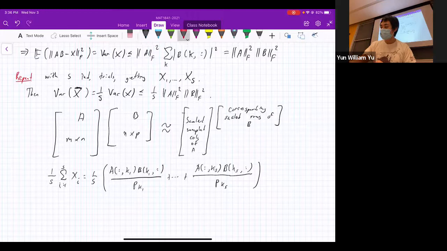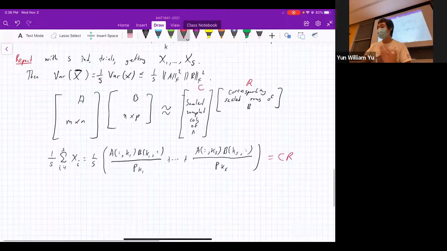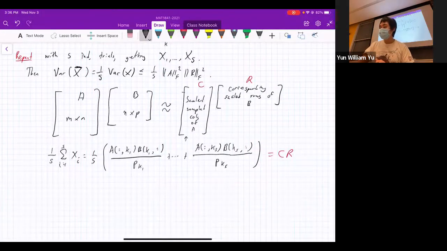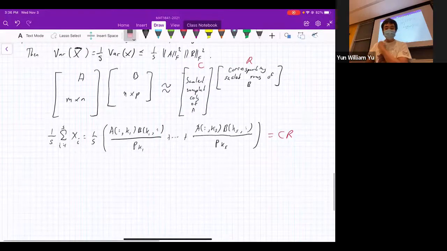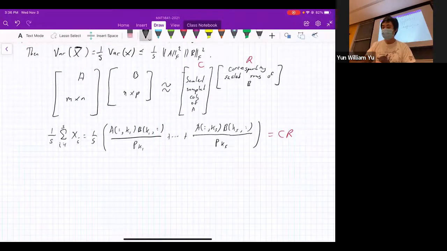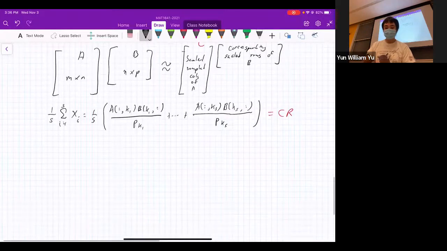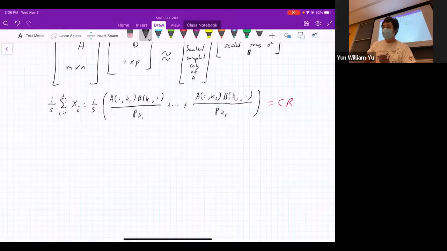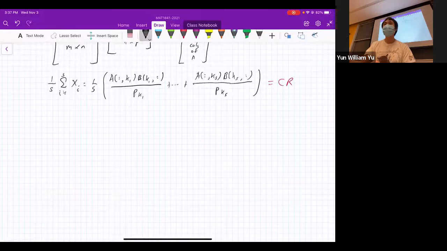And we're going to call this matrix C, and we're going to call this matrix R. So this is equal to CR, because basically you're just taking each of these columns after some scaling, where the scaling is, of course, related to this probability.